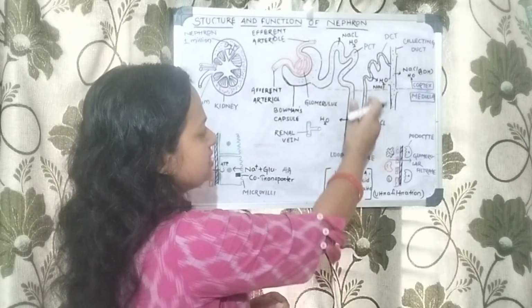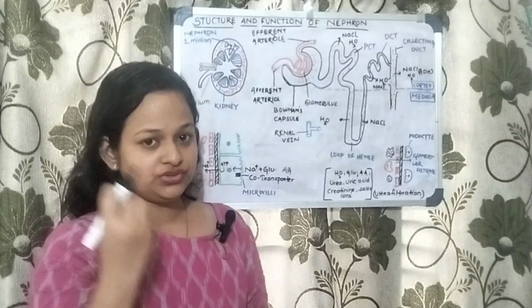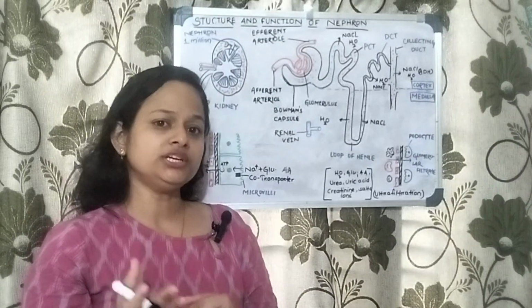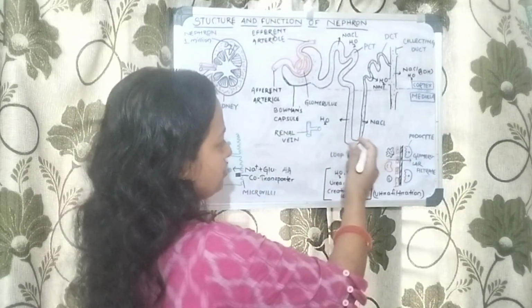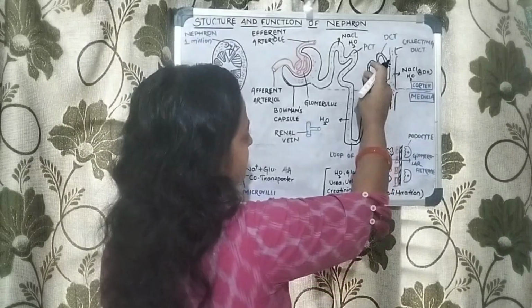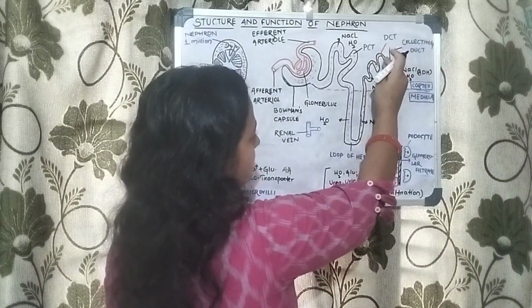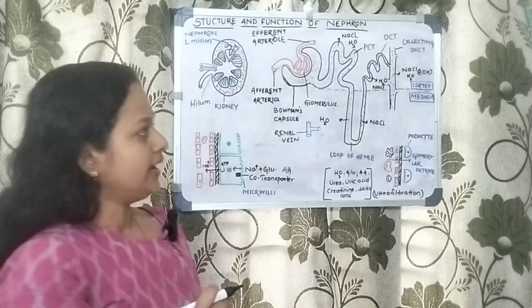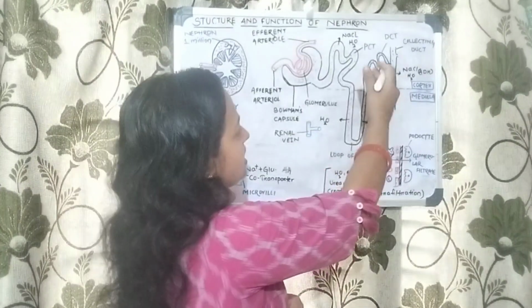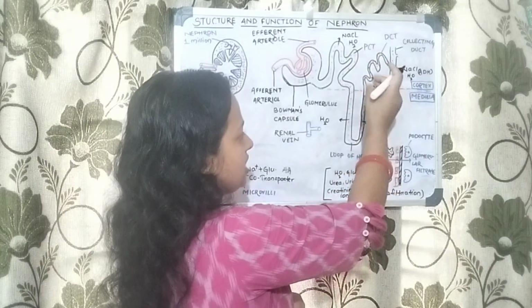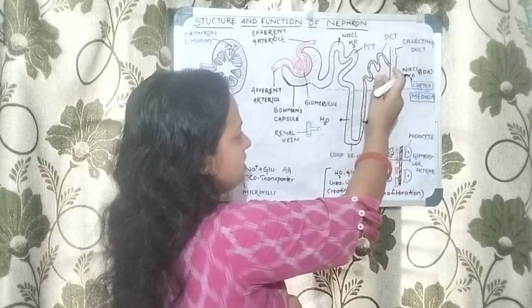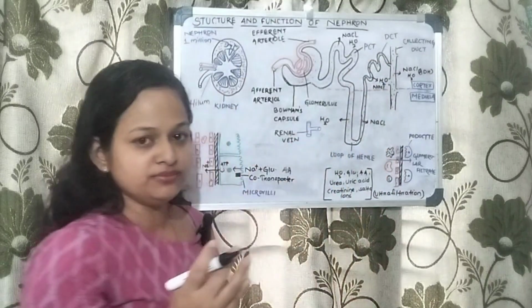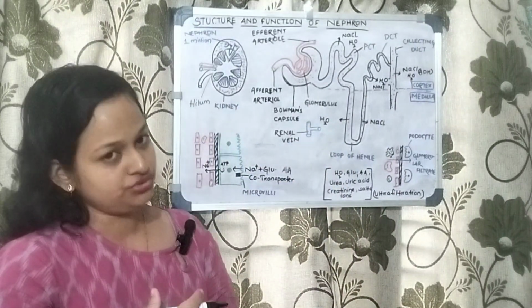Again in this part, the concentration of the filtrate drops. Then the filtrate goes to the last part, the distal convoluted tubule, and in this part also some water and sodium are reabsorbed into the blood.